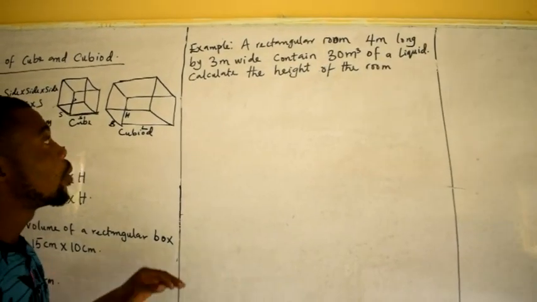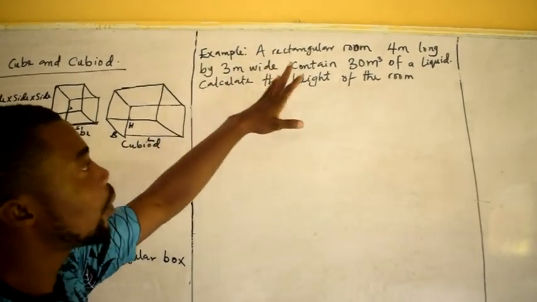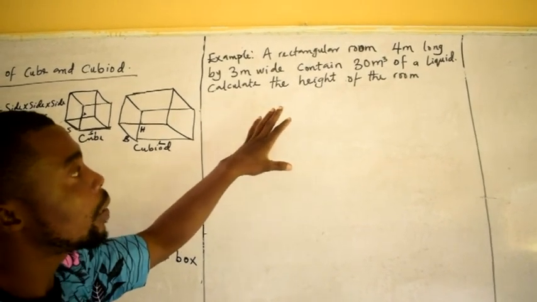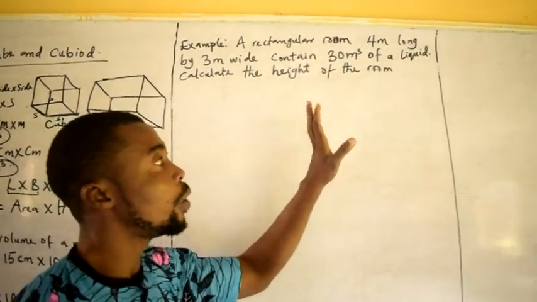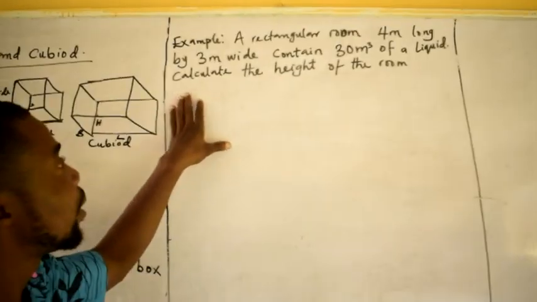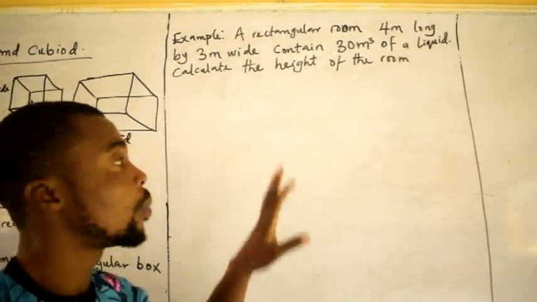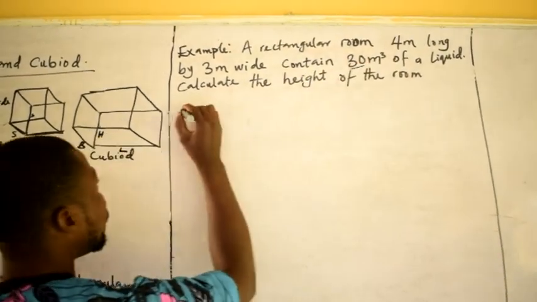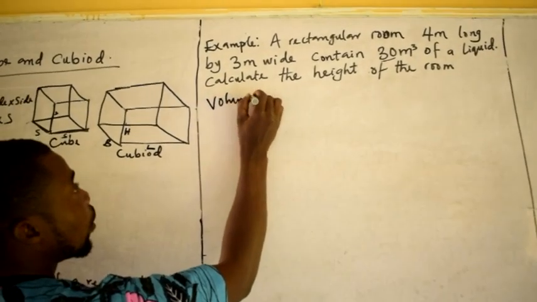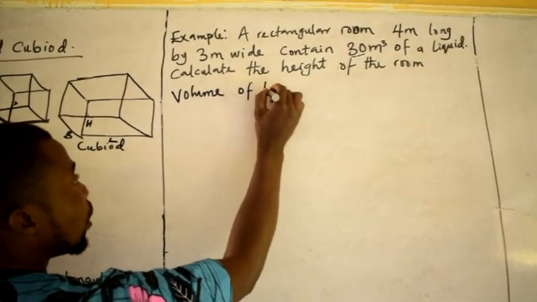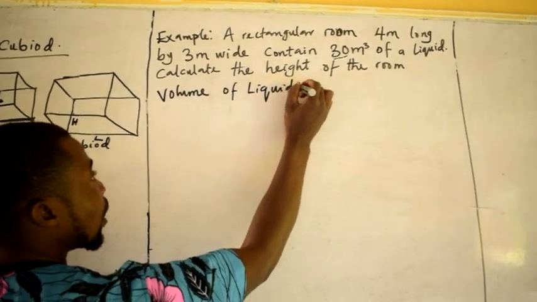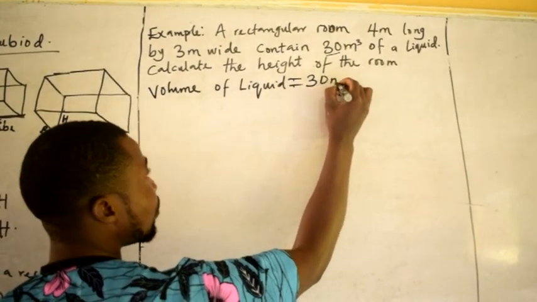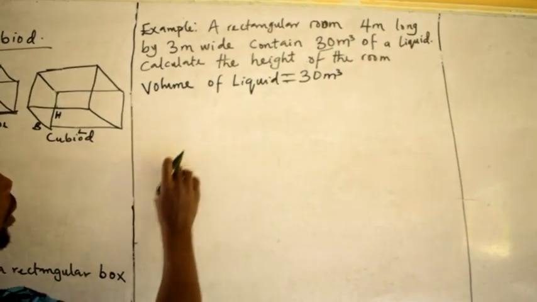Another example says a rectangular room 4 meters long by 3 meters wide contains 30 meter cubed of a liquid. Calculate the height of the room. If you look at it, we were given the volume here. The volume of the liquid that the room contains is 30 meter cubed.